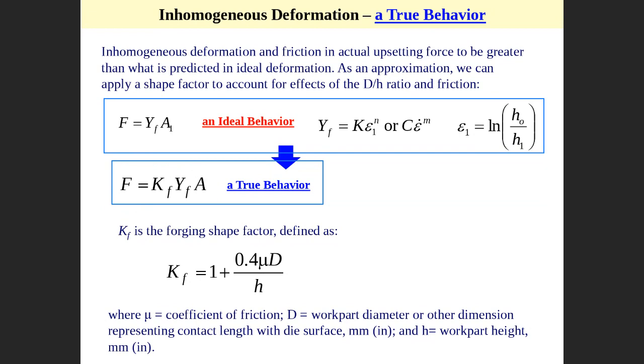As I told you, the difference between the ideal case and the actual case is the friction. This is the actual equation, and it is an accurate equation to calculate the force in the forging operation. Any question?